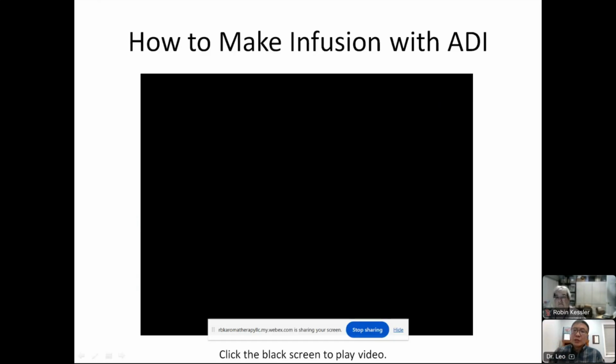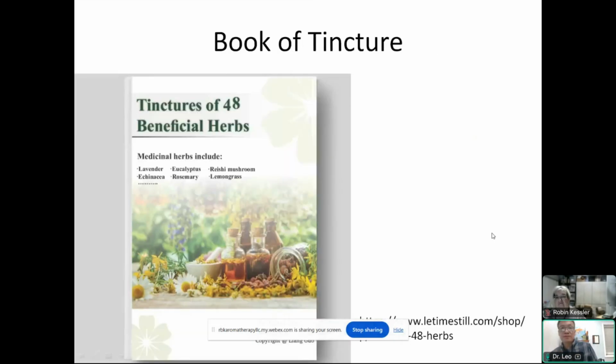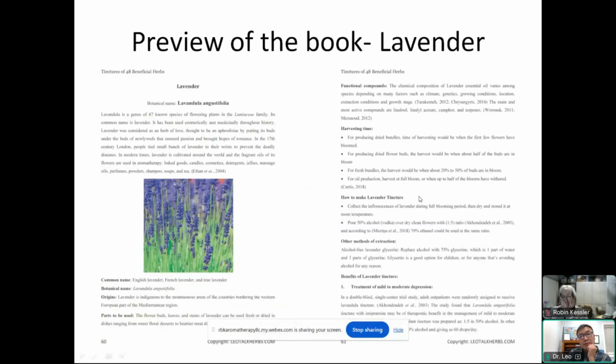Okay, so that's how to make the tincture and infused oil with ADI. I have written a book about tinctures with 48 different herbs, like lavender. My goal in writing this book is to make it more practical.